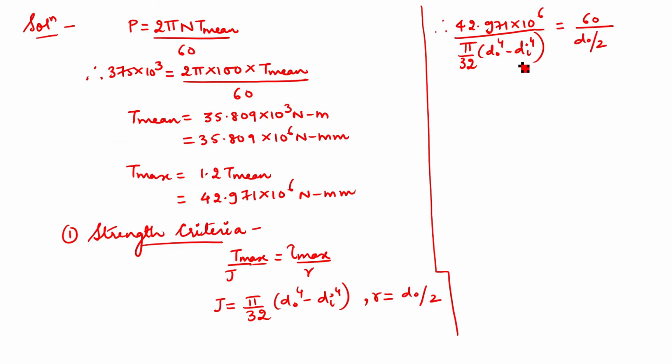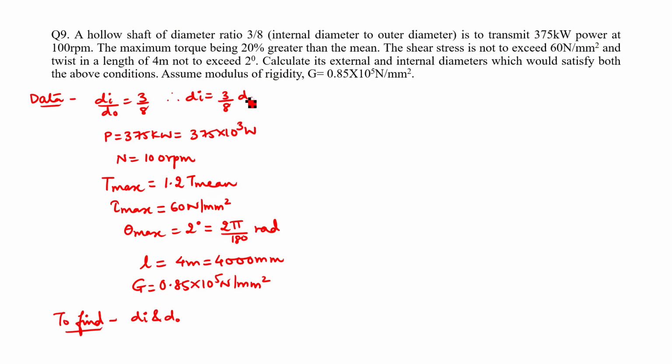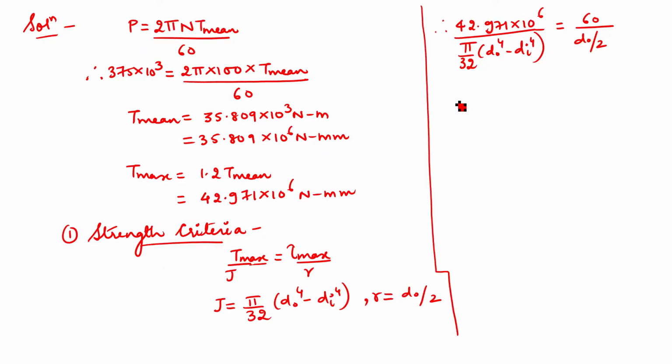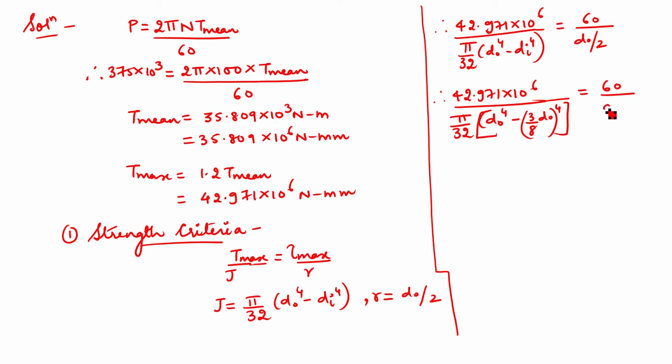Now I know DI is 3/8 into DO. So we can substitute, therefore 42.971 into 10 raised to 6 upon pi by 32, DO raised to 4 minus 3/8 DO, this whole term raised to 4, is equal to 60 upon DO by 2.